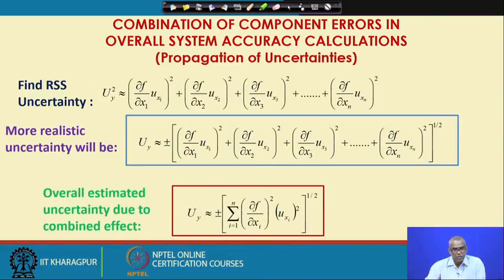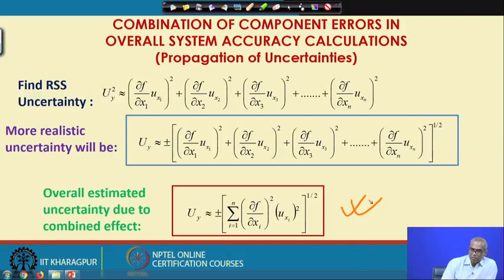So, this can be written in a compact form as the overall estimated uncertainty due to combined effect as this. So, basically you are writing the same equation in more compact form.